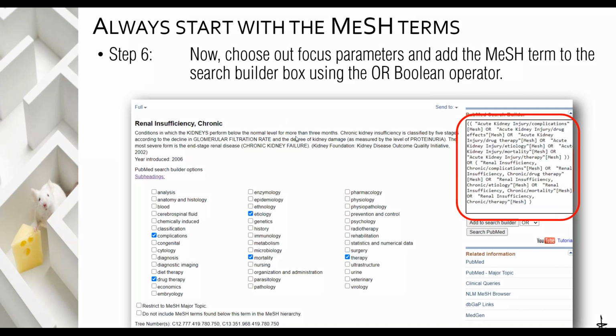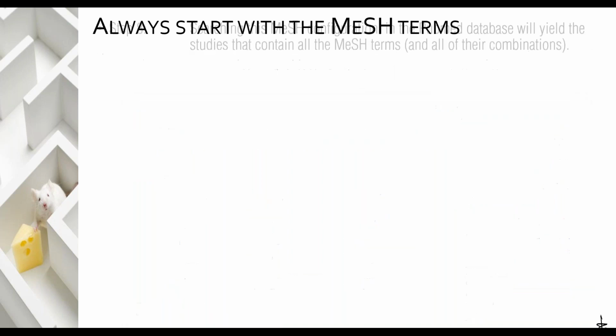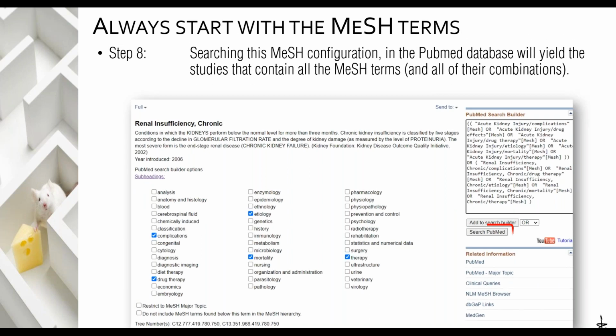OR. If you can see here, right here in the middle of the box, it says acute kidney injury, MeSH, and so on, and then says OR renal insufficiency chronic. So whatever I had is now combined with the chronic in the way that I wanted it as per my question, because I was asking acute or chronic kidney injury.